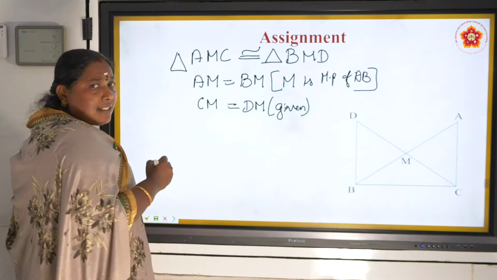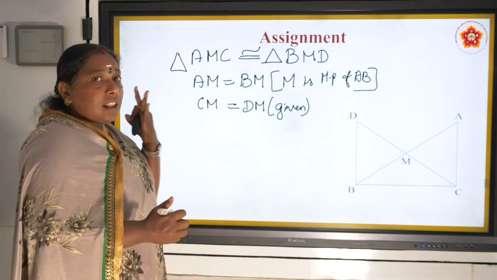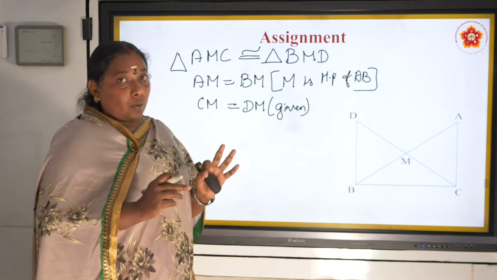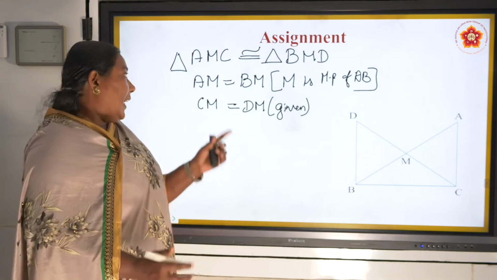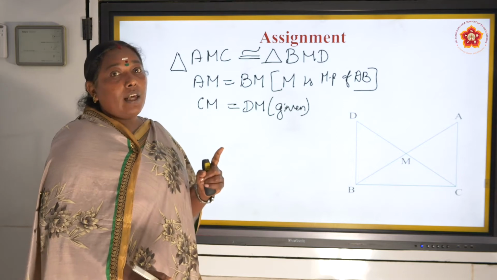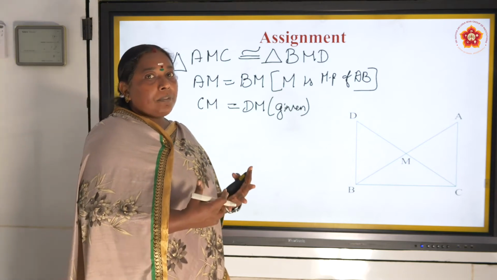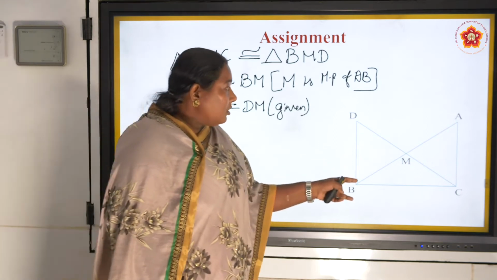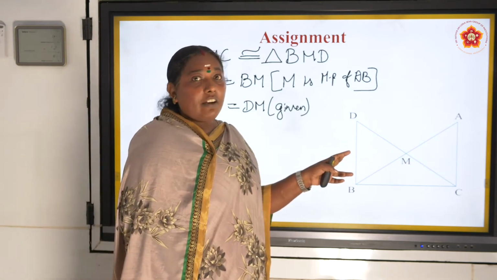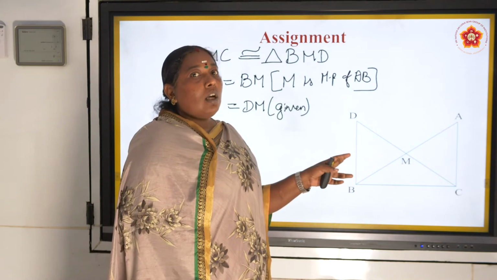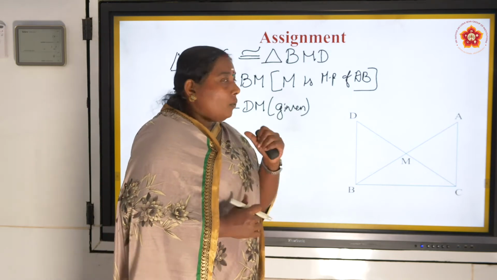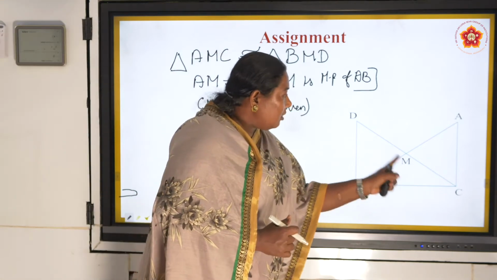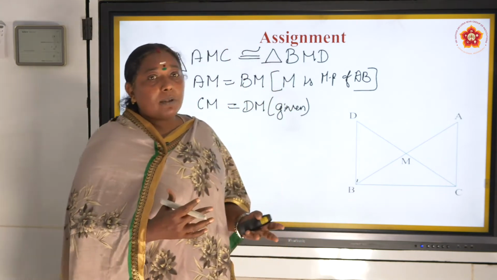Next, I need three things so that both triangles are congruent. I need one more help: a side or an angle. I don't know about any other side, because nothing more is given about the sides. So let me think about the angles. Among B, C, D, A, there is no connection between them.